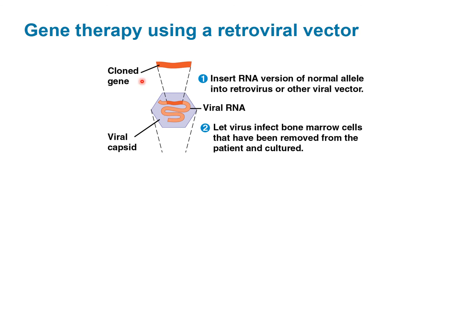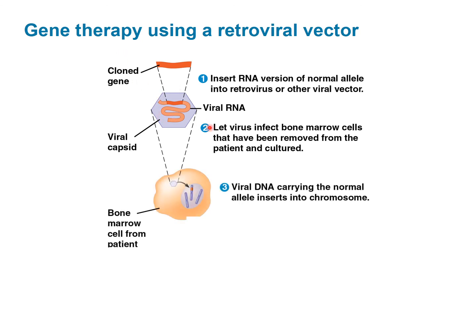So if we inject this recombinant virus into, let's say, bone marrow cells that have been removed from the patient and cultured, so now we have a culture of eukaryotic cells, and we let the virus infect those cells. When the virus infects those cells, the viral RNA is going to be converted to DNA, and then the DNA is going to be inserted into the chromosomes within the genome of those cells.